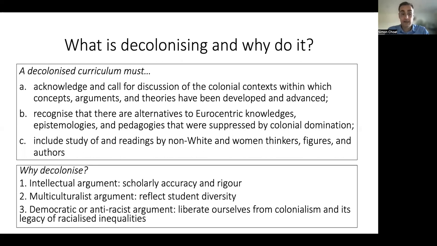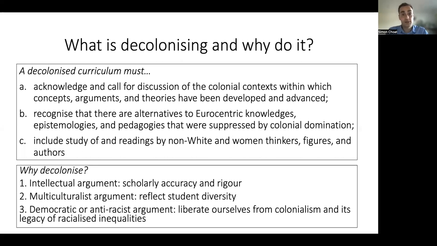So firstly, there's a kind of intellectual argument. This is the claim that students won't have a comprehensive or accurate overview of their subject if we exclude discussion of colonialism and race, or if we only teach white male thinkers and authors.